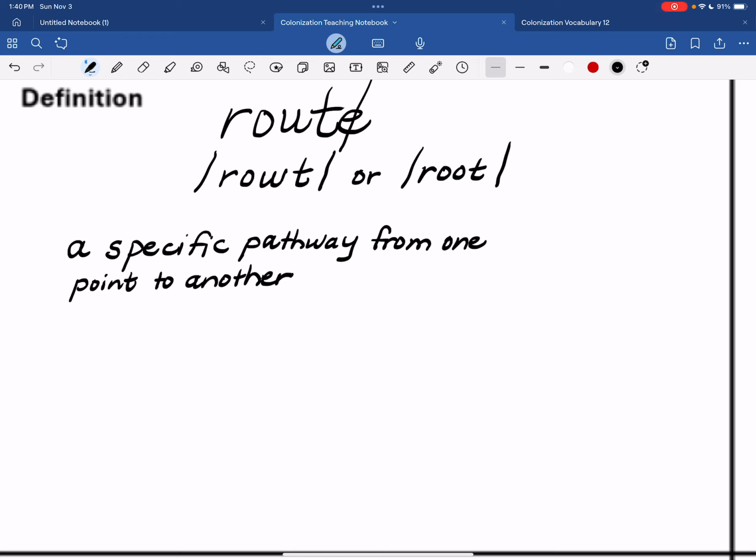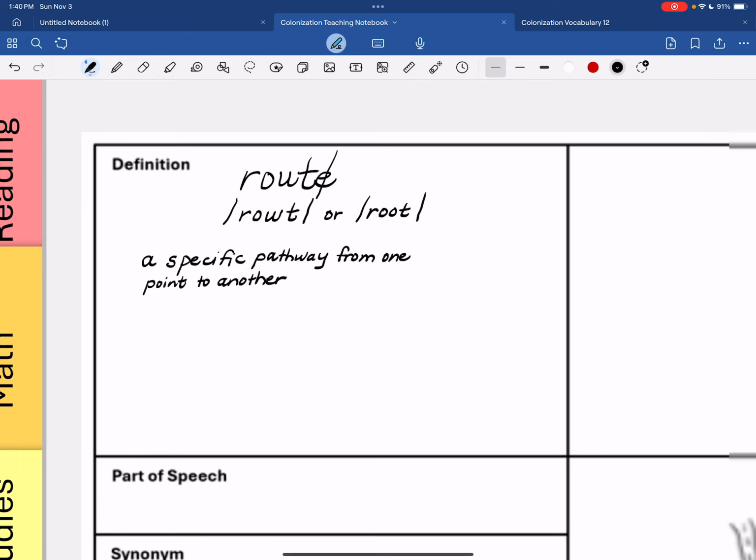Whether you call it a route or a route, it is a specific pathway from one point to another.